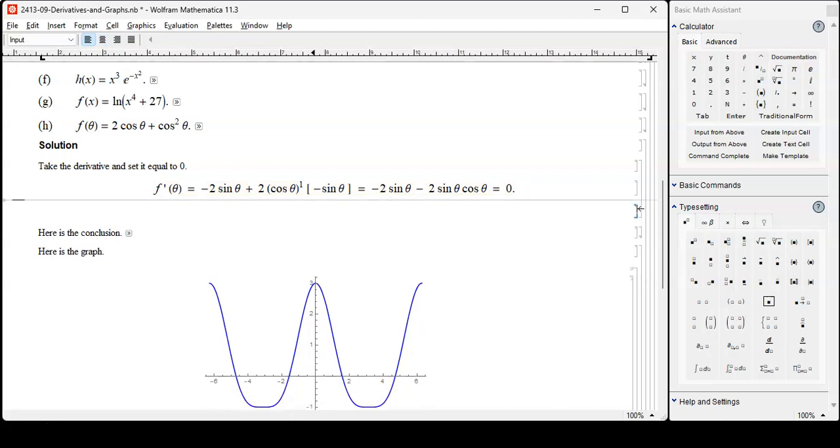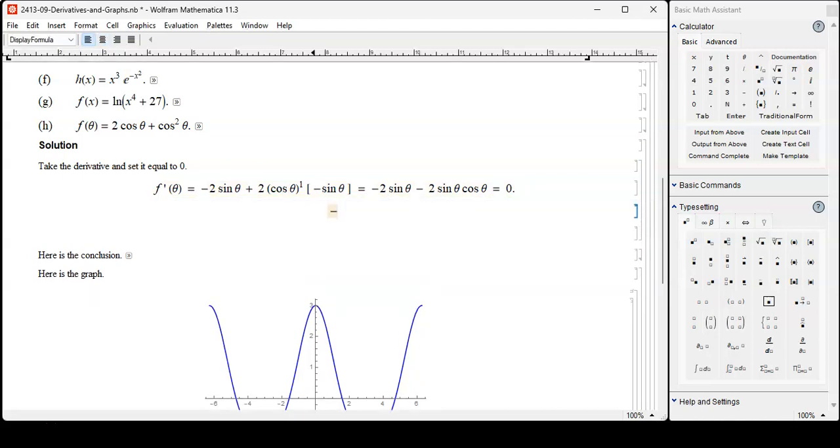Negative 2 sine of theta out. 1 plus cosine of theta equal to 0. So I'm going to get sine of theta is equal to 0. That's one possibility. Or cosine of theta equals negative 1. Yeah, either this is 0 or that's 0.